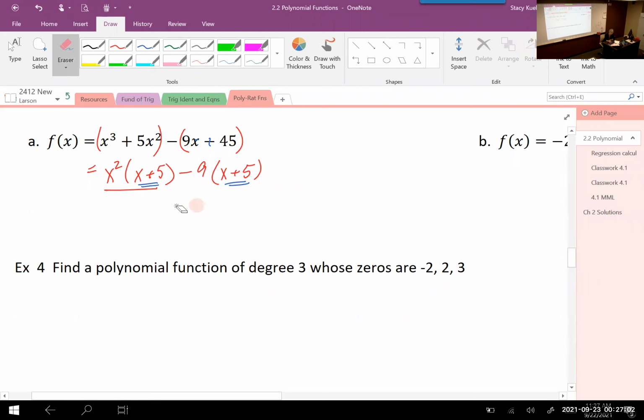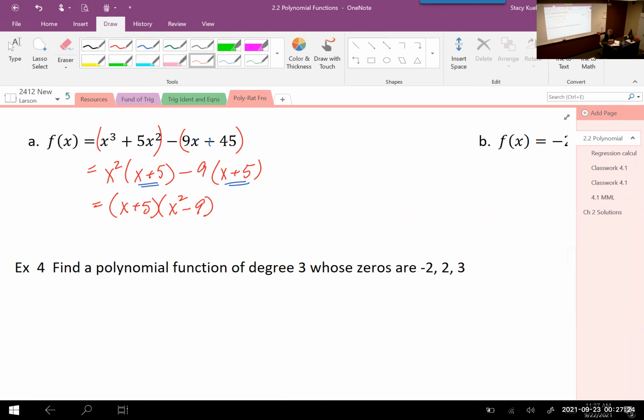So I'm now, in essence, going to factor x plus 5 out of each of those 2 terms, leaving me with x squared minus 9. That's the grouping method, and it's a strategy when you have 4 terms.